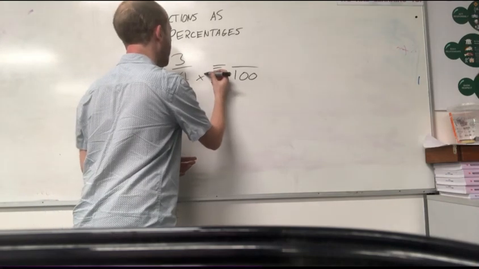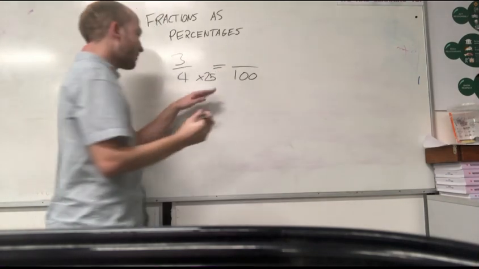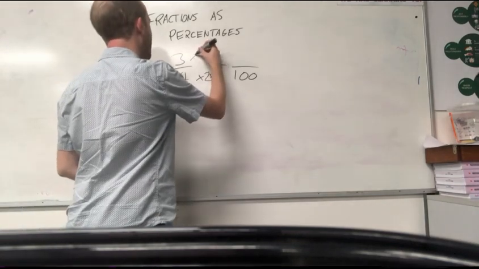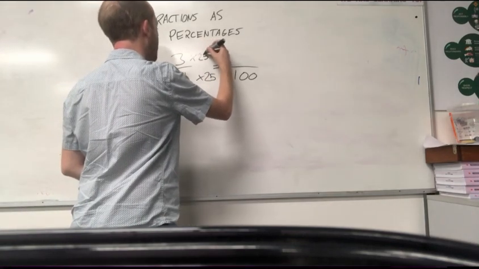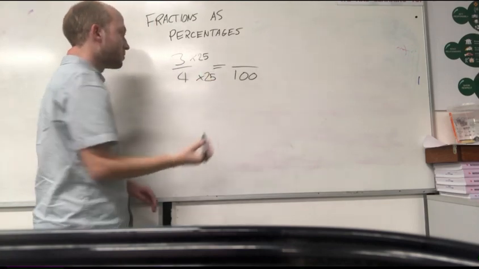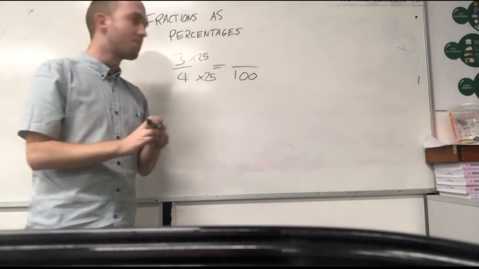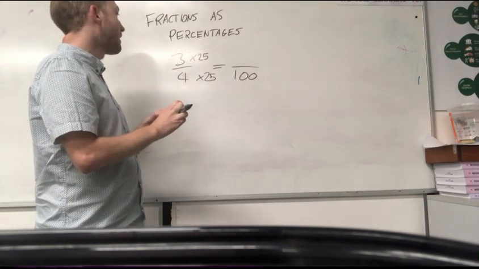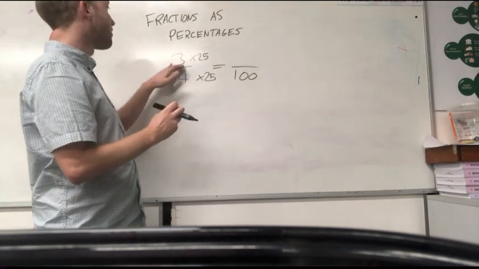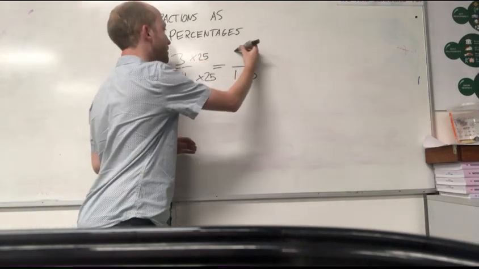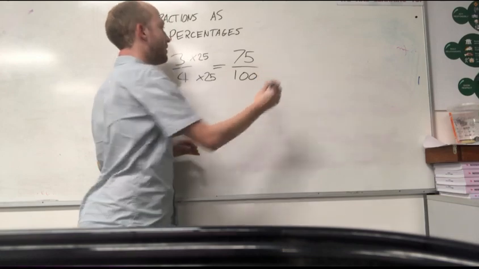I could go through a few different options, but eventually, hopefully we can work out that it would be 25. As I times the bottom by 25, I also want to make sure I times the top by 25. So 4 times 25 equals 100, and I'll get you to give yourselves a moment to work out the top as well. We've got 3 times 25, and hopefully we've worked out that that equals 75. Very nice.